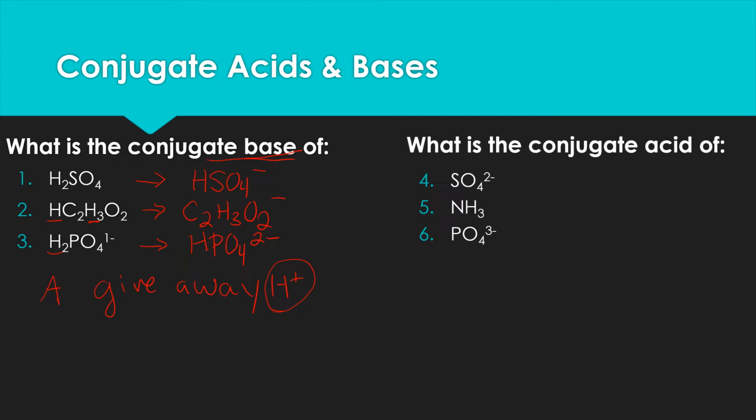On the other side, it says what is the conjugate acid of the following. So that means these are bases, and if we want to make an acid, we're going to gain a hydrogen ion. So if we're gaining a hydrogen, instead of becoming more negative, we're going to become one more positive.